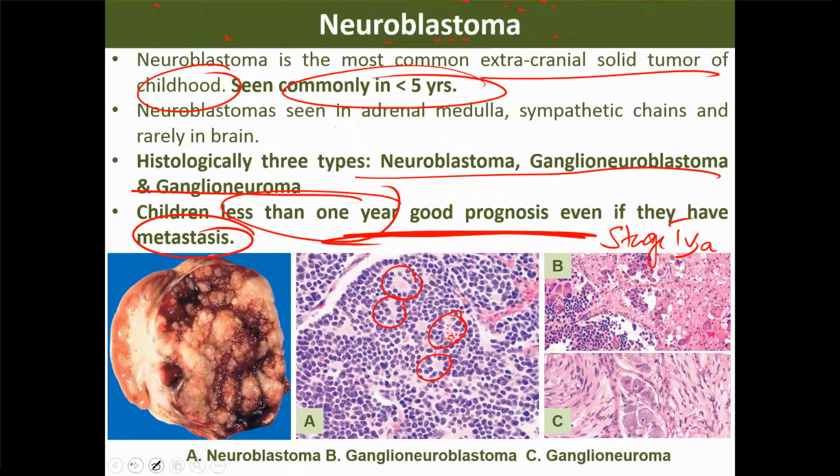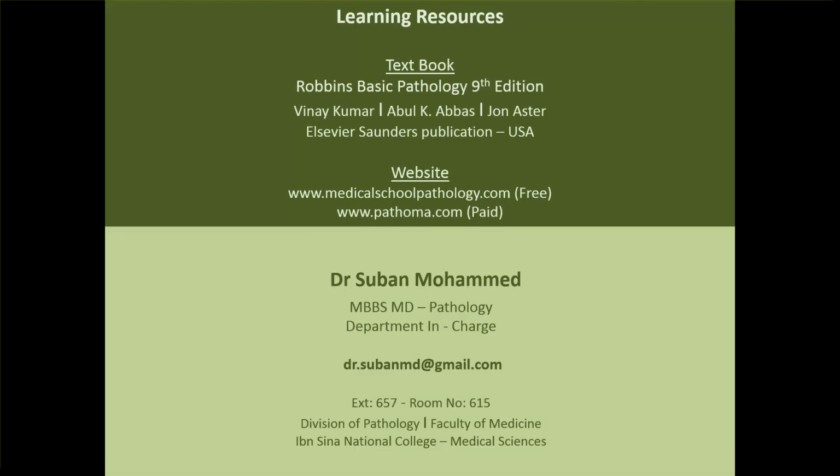So this ends the screencast for adrenal gland pathology. As usual, we suggest you read the textbook, Robbins, which we seriously suggest. In case you feel it is voluminous, you can read Pathoma, our fellow brother Hussein Sattar's book.